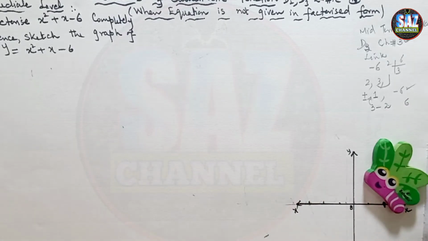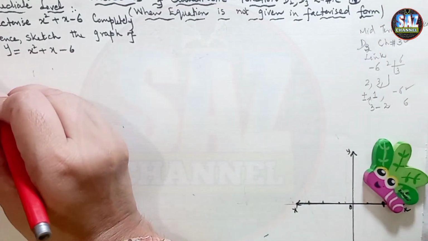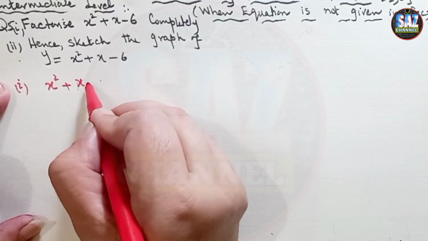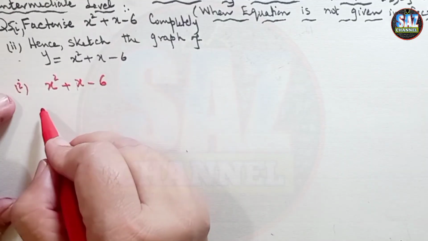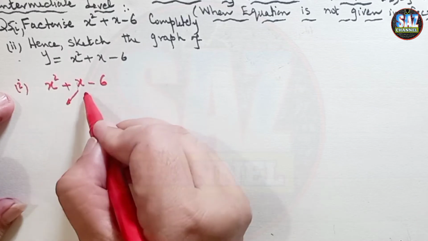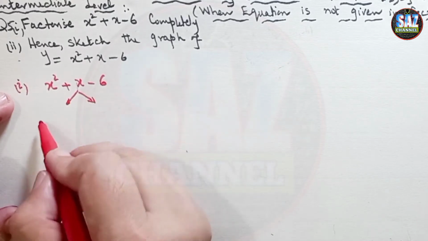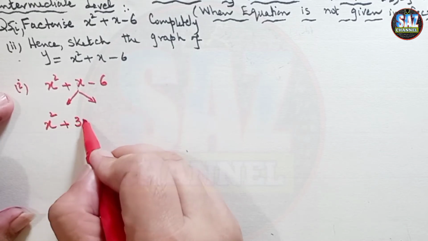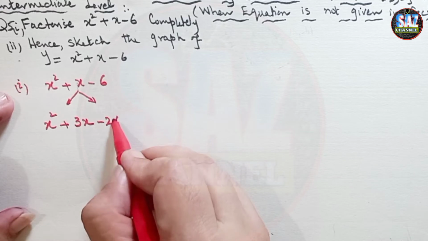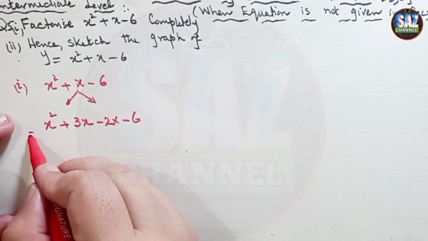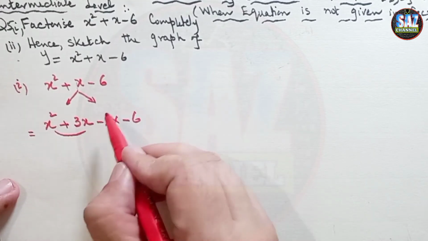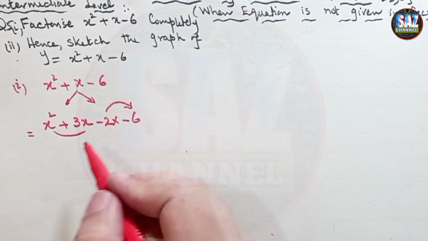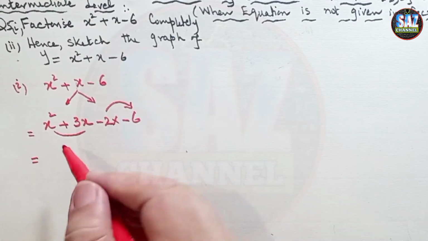So first of all, I will be factorizing this expression properly, x square plus x minus 6. So I have to go for the midterm breakage and recall the midterm breakage from D2 chapter number 3. This is x square plus 3x minus 2x minus 6, and now make the groups of like terms. Very easy. Maths will become easy for you if the previous concepts are easy and clear to you.